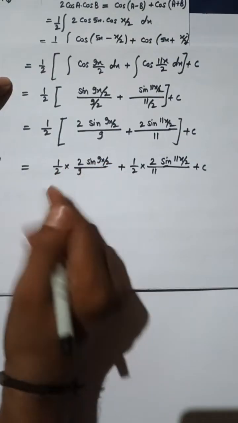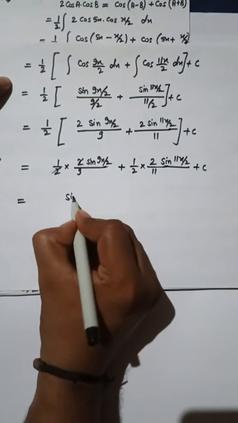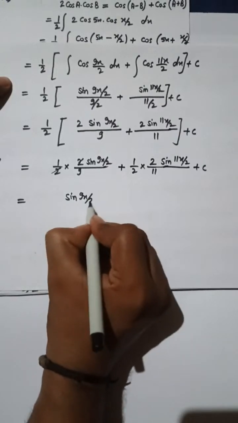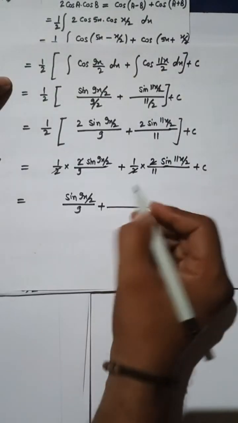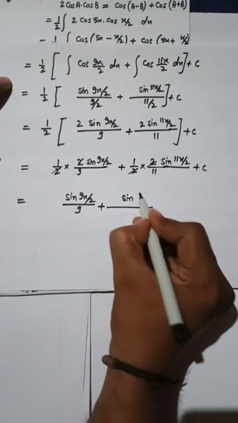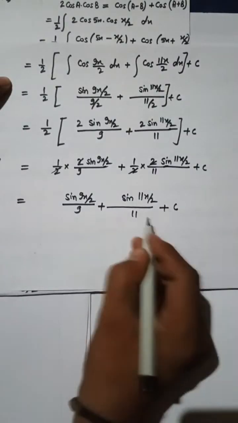And on the last, the 2 cancels, so we have sine 9x by 2 divided by 9, and the 2 cancels, so we have sine 11x by 2 divided by 11 plus c.